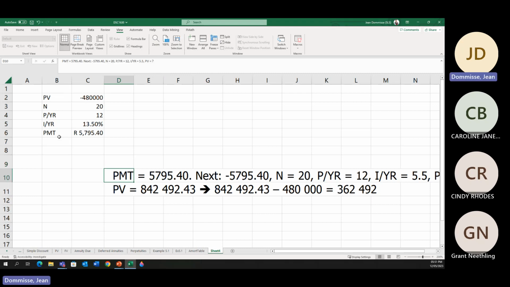Okay, so basically what we have now first worked out is to say our monthly premiums, or monthly payments, is 5795.